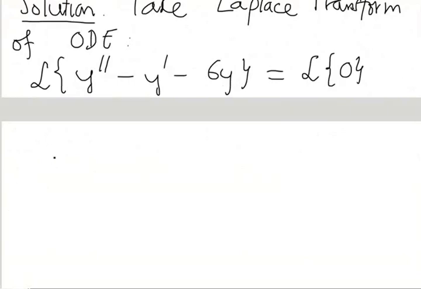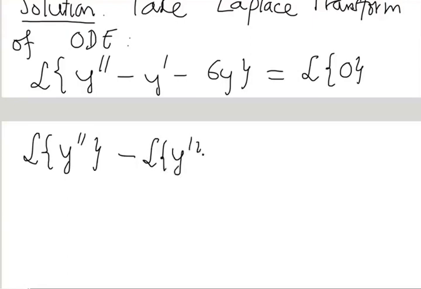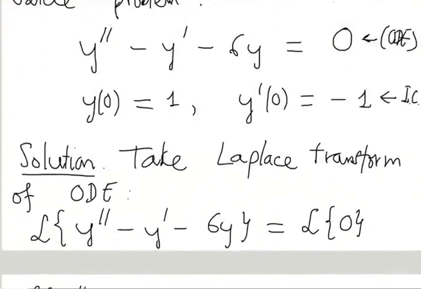And by using the linearity of the Laplace transform, we can break it into the Laplace transform of the second derivative minus the Laplace transform of the first derivative, and then minus 6 times the Laplace transform of y. Now the right hand side, the Laplace transform of 0, we get 0. Now we use the formulas for the Laplace transform of the second derivative and the first derivative.